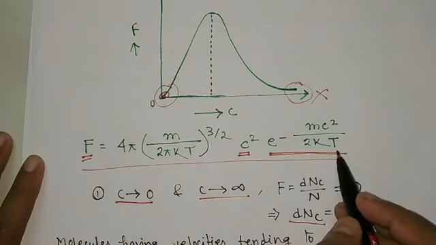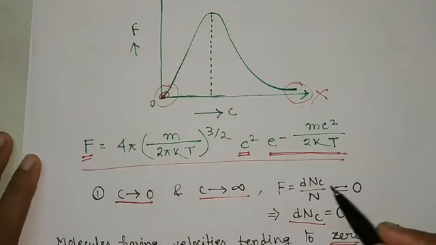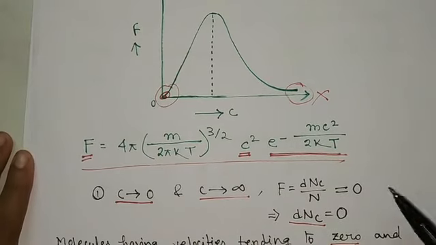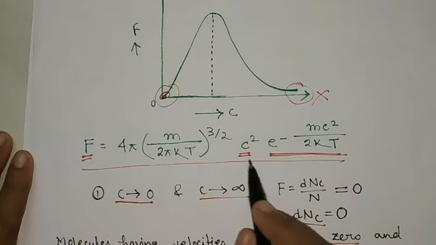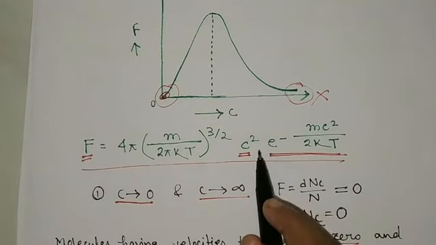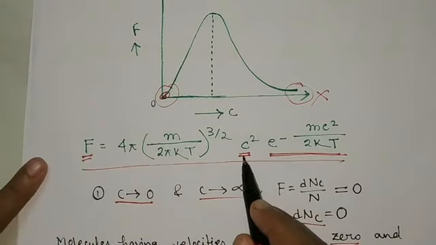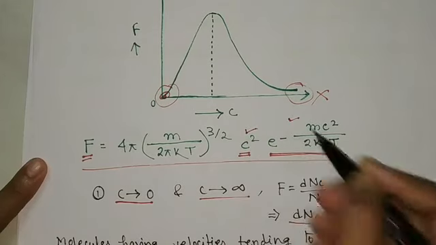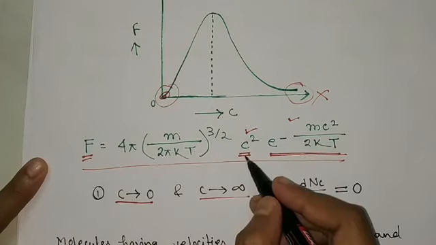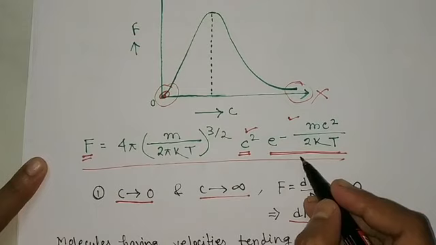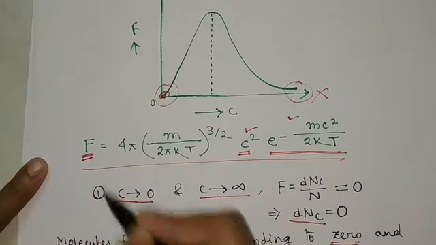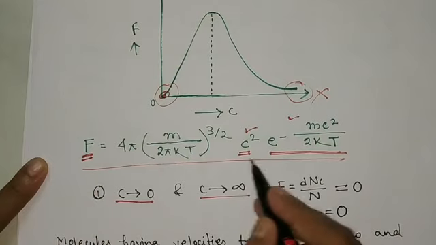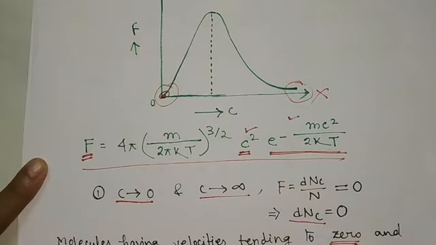So with the increasing or decreasing of c, how will f change? It will depend on the combined effect of these two terms, because one term is increasing with increasing c, another term is decreasing with increasing c.